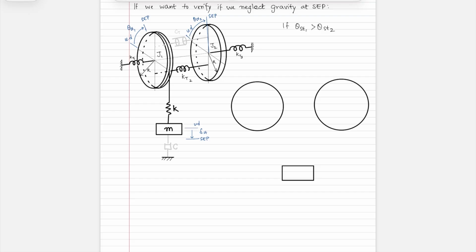And so you then have tau st2 is kt2 theta st1 minus theta st2. You have tau st1 is equal to kt1 theta st1, and tau st3 is kt3 theta st2.